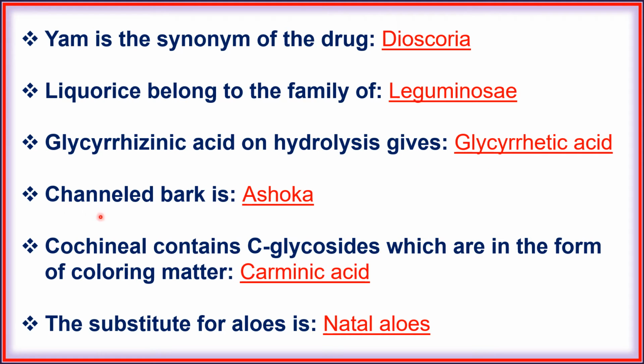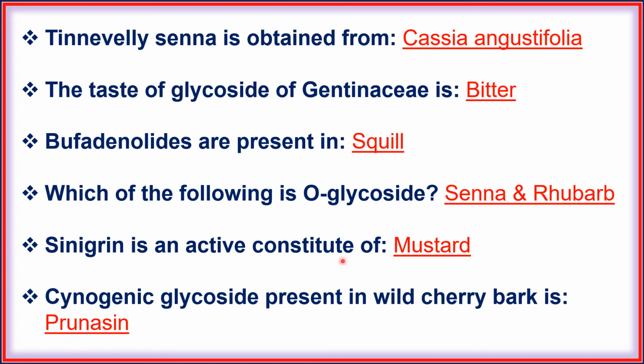Next, channeled bark is Asoka. Next, cochineal contains C-glycosides in the form of coloring matter, that is carminic acid. Next, the substitute for aloe is Natal aloe. Next, Tinnevelly senna is obtained from Cassia angustifolia.